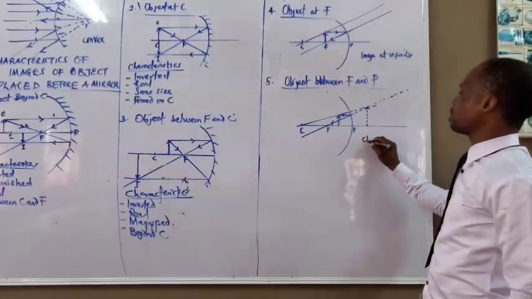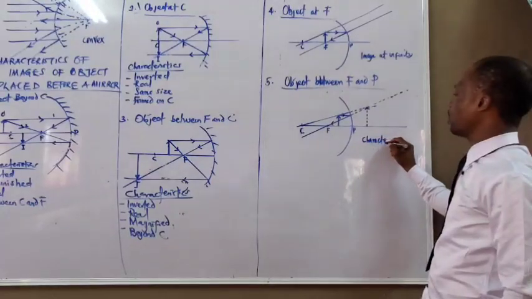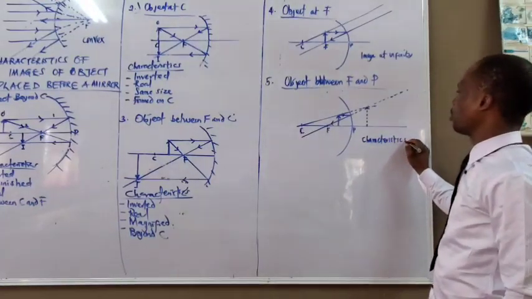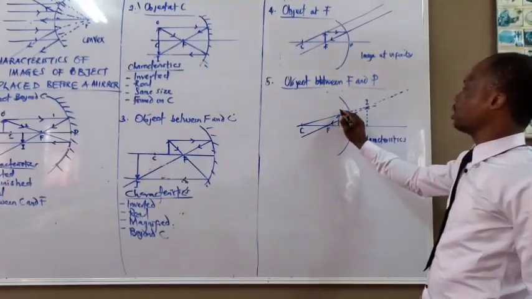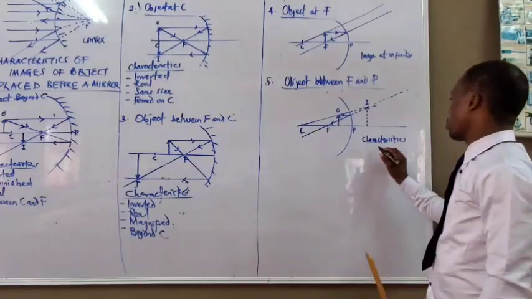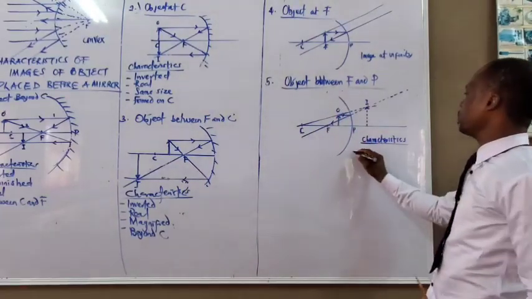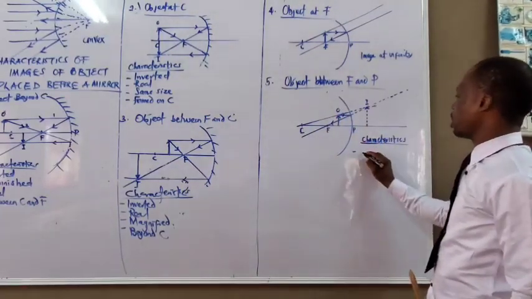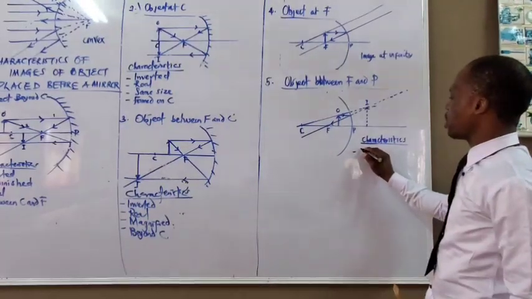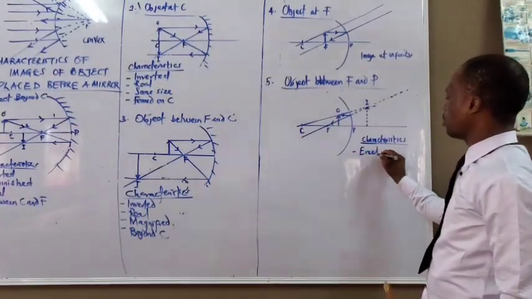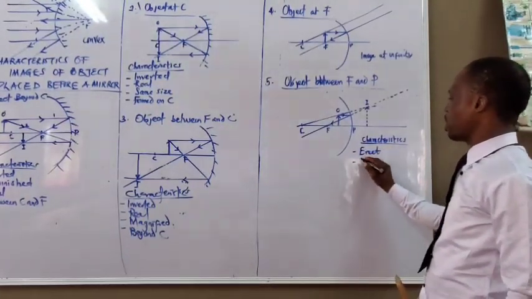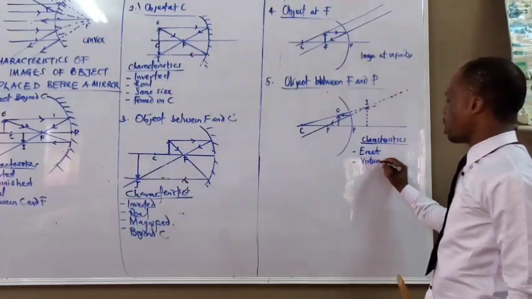The characteristics of this image, this is the image, this is the object. So we are going to have what? Number one characteristic is that this image is erect. Erect image. A virtual image. Why is it virtual?